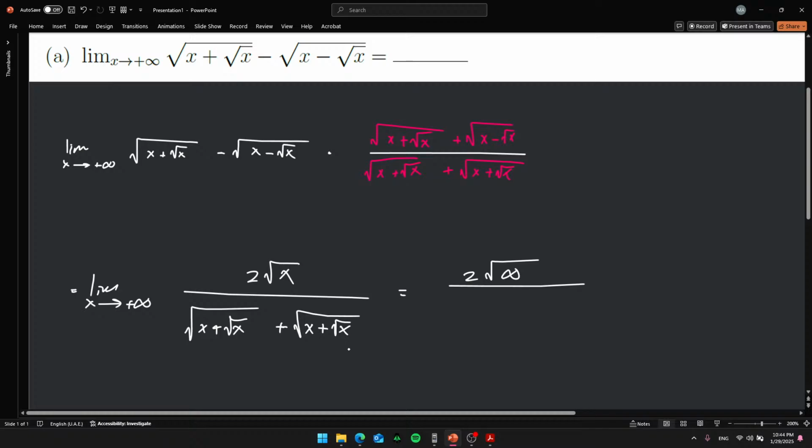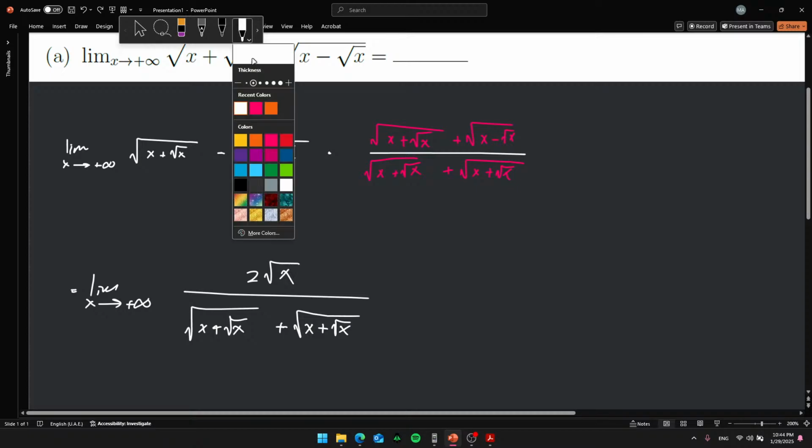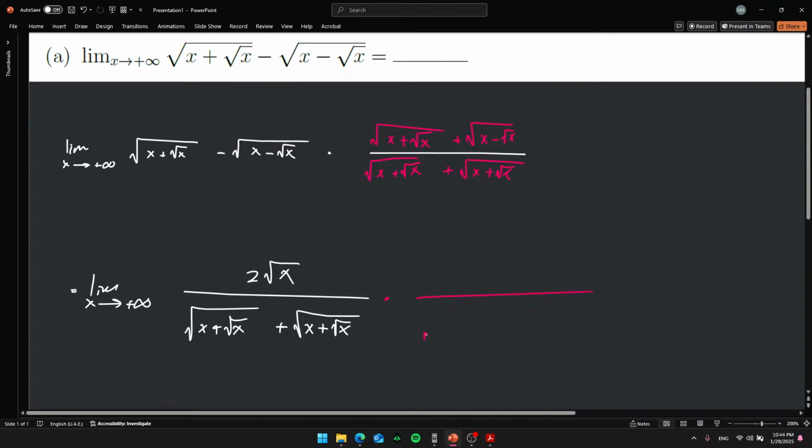Oh sheesh. I think you'd also need to multiply by the conjugate again. But that would be useless, wallah. Let's try. I'm pretty sure it would be useless. Trying will never hurt.